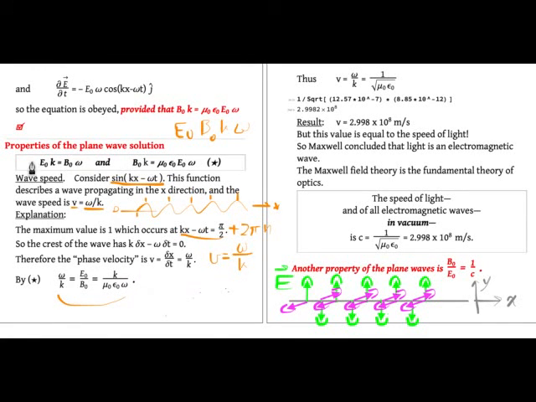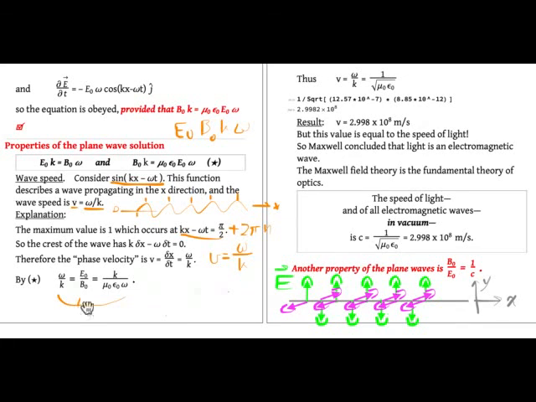By this equation, omega divided by k is equal to E0 over B0. And by this equation, E0 divided by B0 is k divided by mu naught epsilon naught omega.